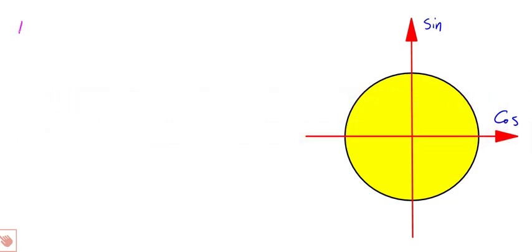For example, pi over 2 minus theta is in the first quadrant. So, sine of pi over 2 minus theta is positive.